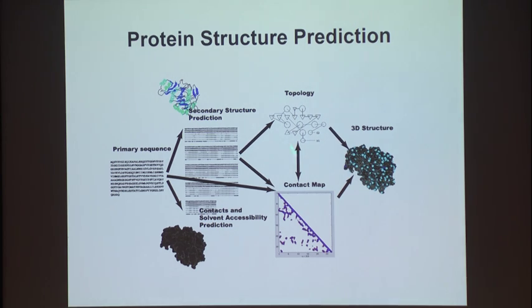In the second stage, we predict the contact map, which is basically a translation, rotation, invariant representation of the structure. If you're not familiar with contact map, basically imagine having the protein along the x-axis and along the y-axis, and the contact map is this very sparse binary symmetric matrix where you put a 1 in position ij if and only if amino acid I and amino acid J are close to each other in 3D.